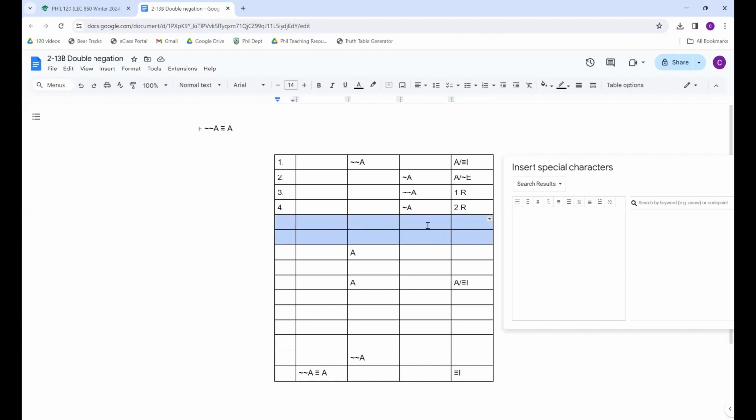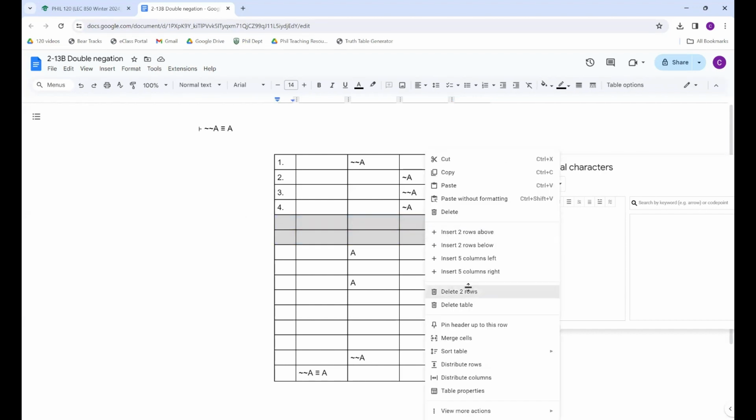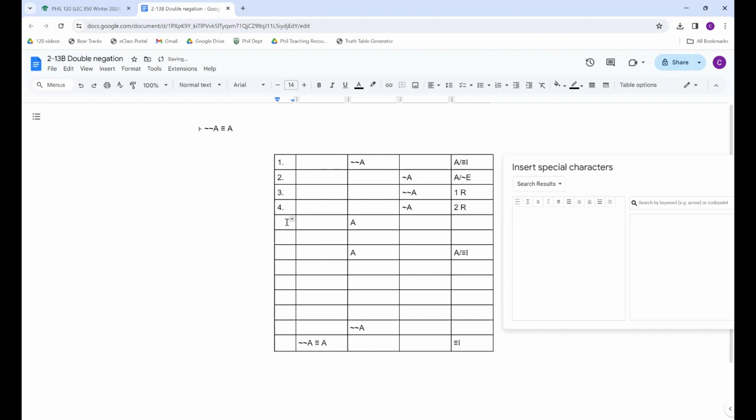So we're not going to use these two lines, so I'm going to delete these. This is going to be line 5. It is 2 to 4 negation elimination. We are going to enter in this scope line.